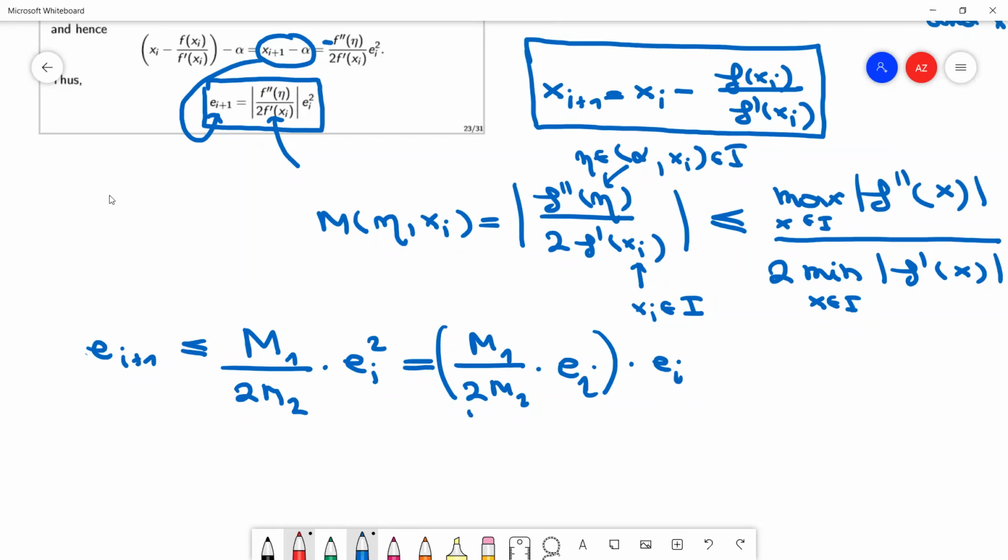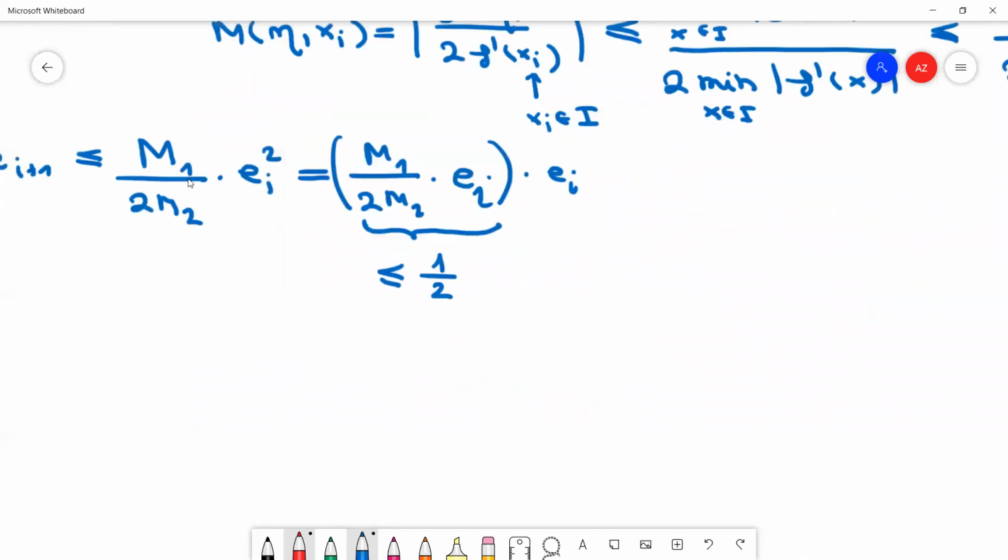And if we choose E_i small enough, so if the initial approximation was near enough to the actual zero, then this term is smaller than 1/2.